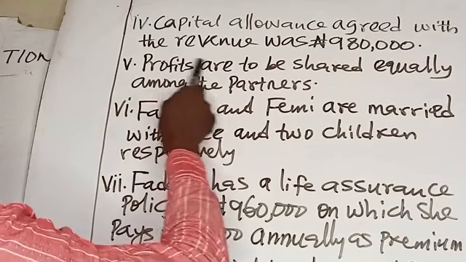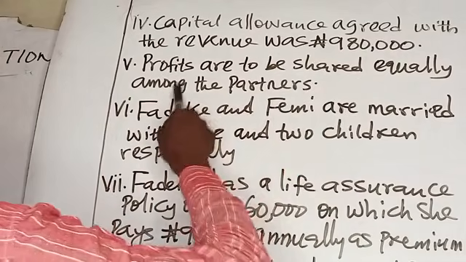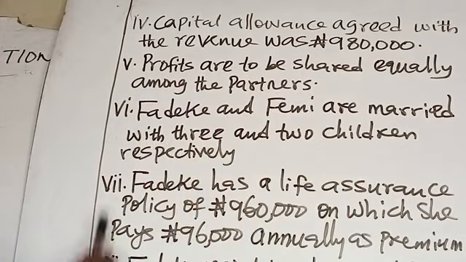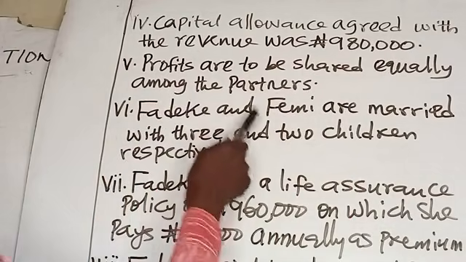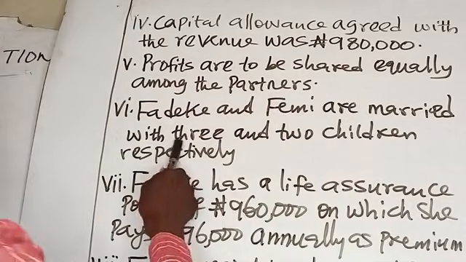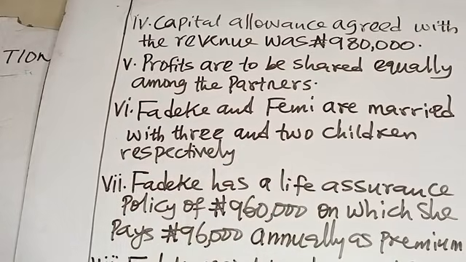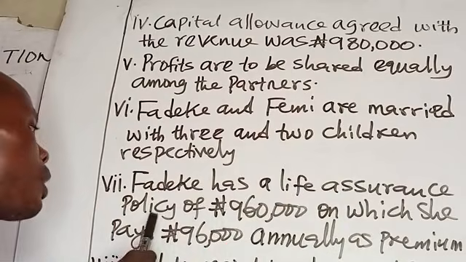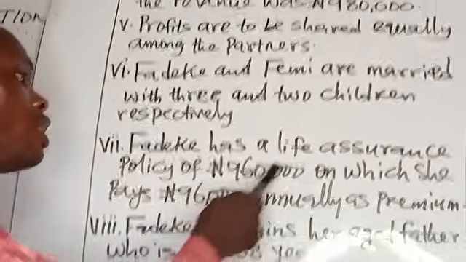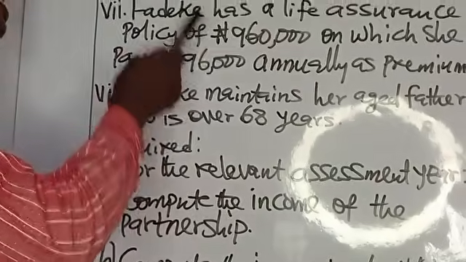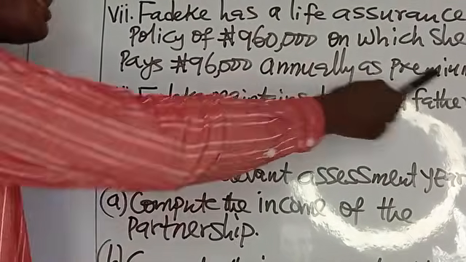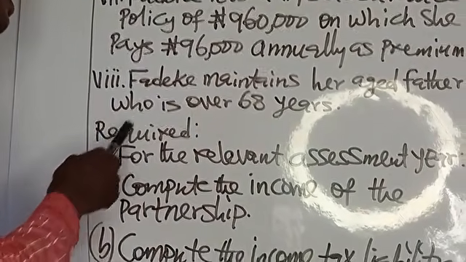5. Profits are to be shared equally among the partners. 6. Fadeke and Femi are married with 3 and 2 children respectively. 7. Fadeke has a life assurance policy of 960,000 naira on which she pays 96,000 naira annually as premium. 8.